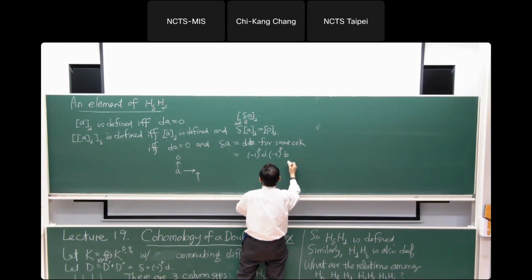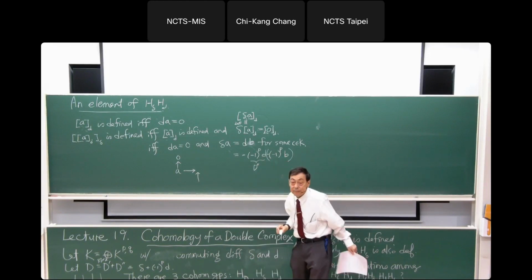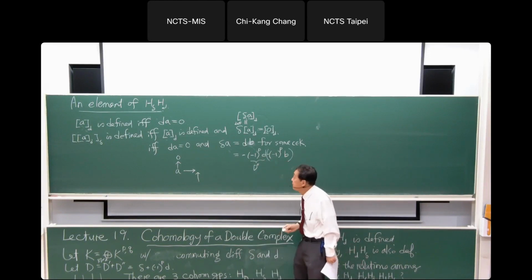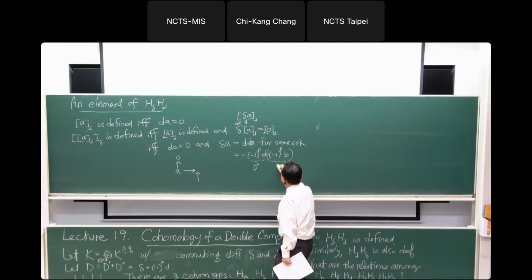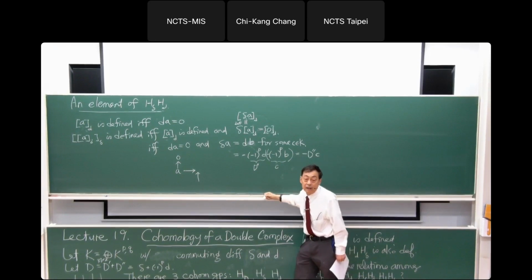And then this is going to be d double prime, right? And I actually like a minus sign there, so let's put a minus sign here. Okay, haven't changed anything. And then let's call this C. And so this is minus d double prime C. Okay?